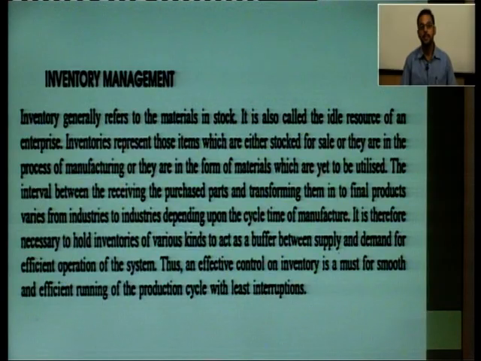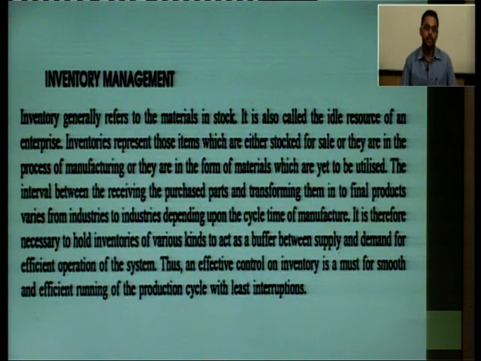Inventory represents those items which are either stocked for sale, or are in the process of manufacturing, or are in the form of materials which are yet to be utilized. In the interval between receiving the purchased parts and transforming them, there is time to manufacture.